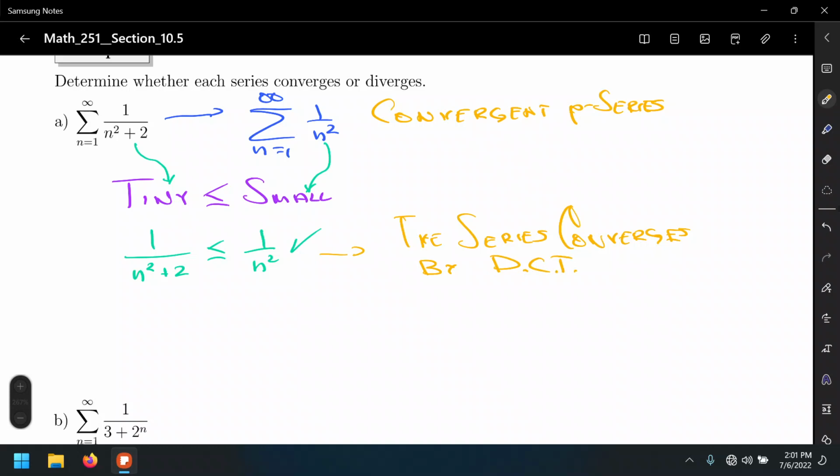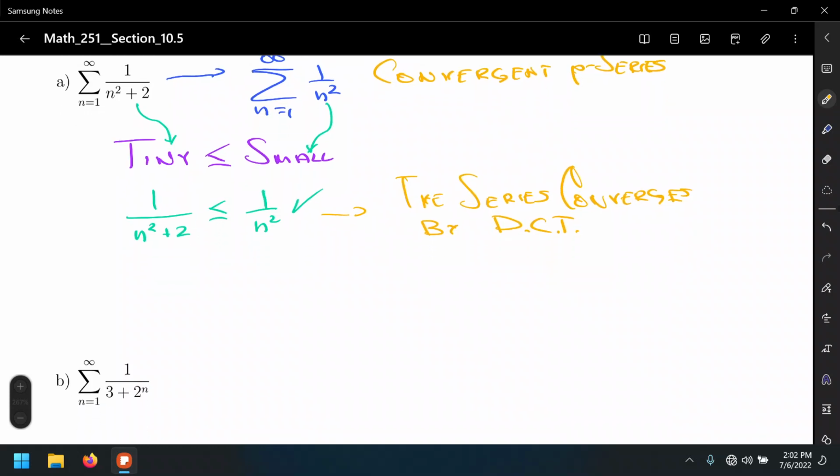That's because we managed to show this inequality, so our original series will do whatever the test series does. In this case, the test series converges, so the original series also converges. Let's have a look at another one.